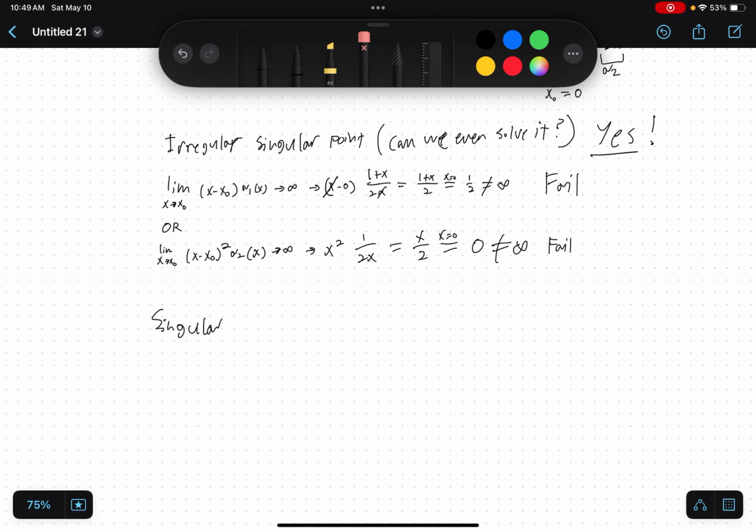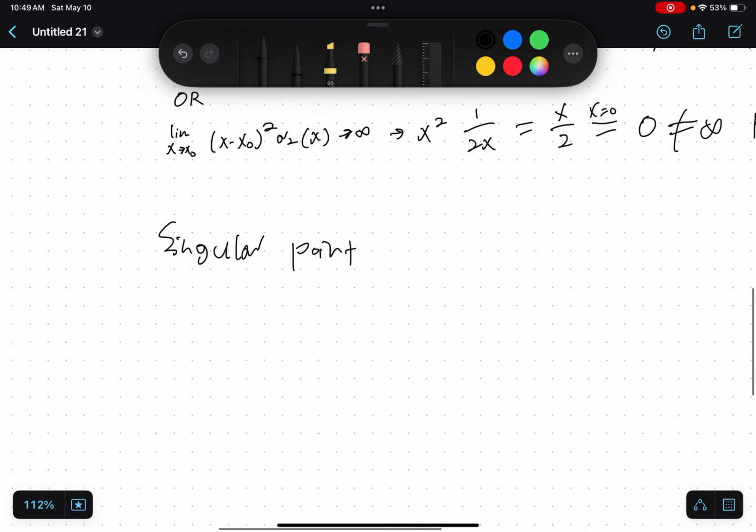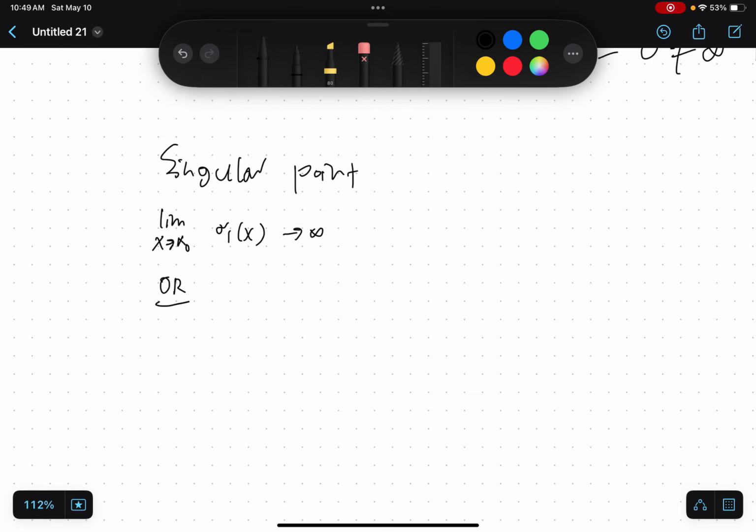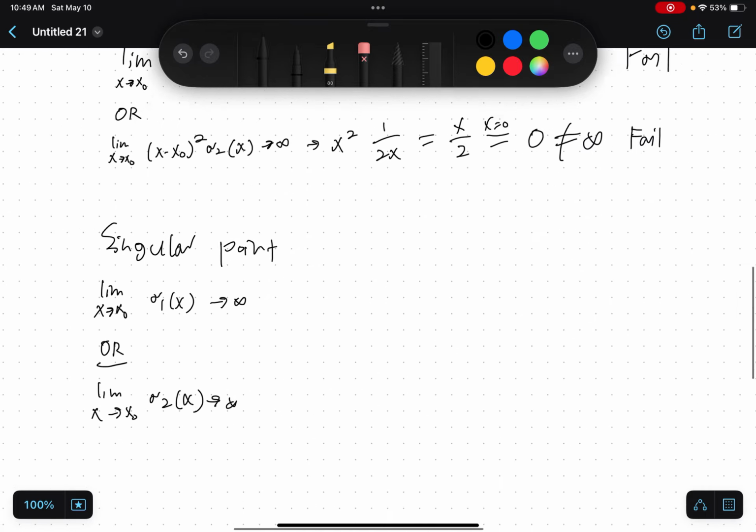I'll explain what singular point means in a second, but the checks for that are these.